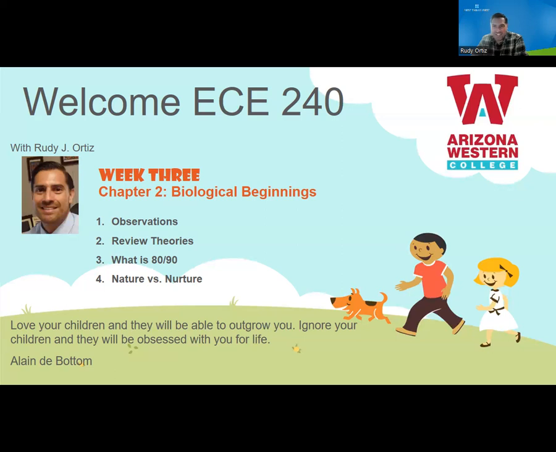So by the time that child hits kindergarten, 90% of critical brain development has already occurred, and that leaves from kindergarten all the way to the rest of our lives only 10%.